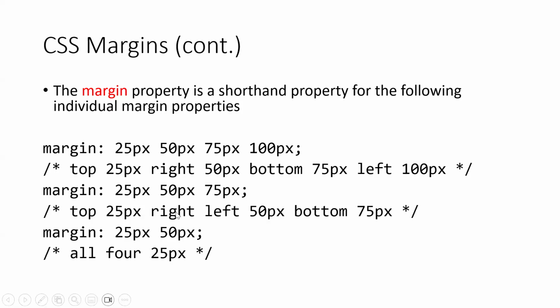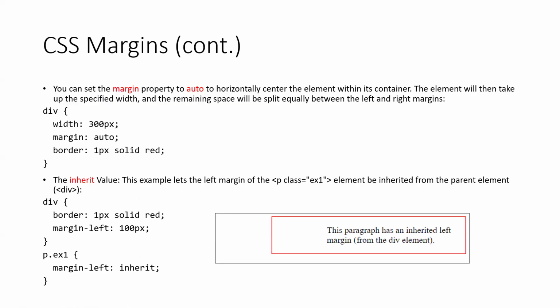You can have three. If you have three, what it means is you specify the top, and both right and left you have 50. Bottom, you will have 75. If you have just two, we can specify what you have within this, right? Top and bottom, you will have 25, and then right and left, you have 50, right?